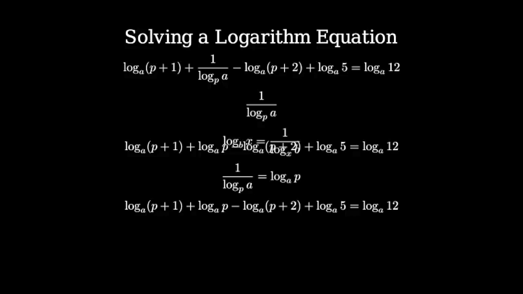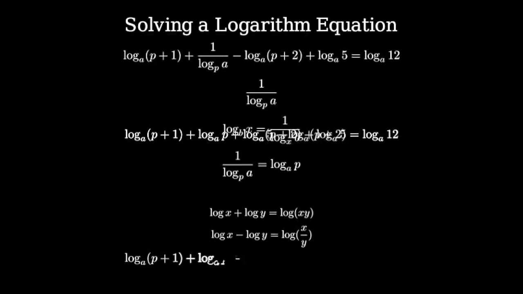Next, we'll use the logarithm rules to combine the terms on the left side. Remember the product rule: log of x plus log of y equals log of x times y. And the quotient rule: log of x minus log of y equals log of x divided by y. First, combine the terms added together.